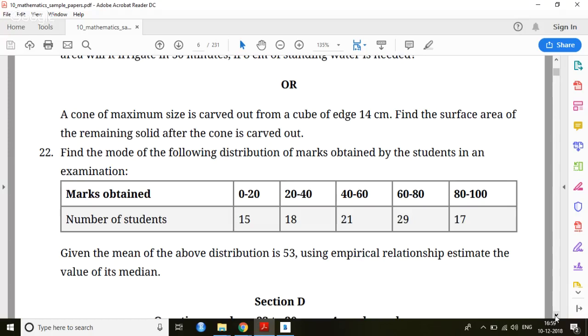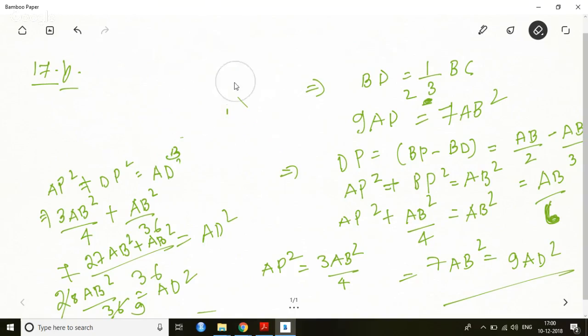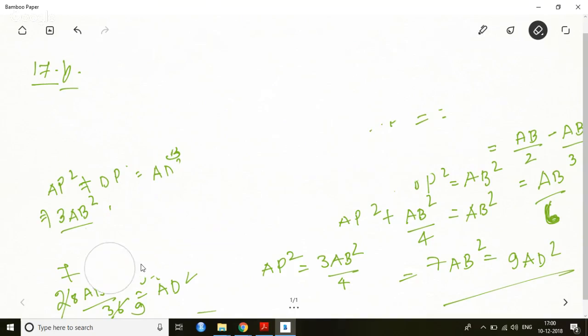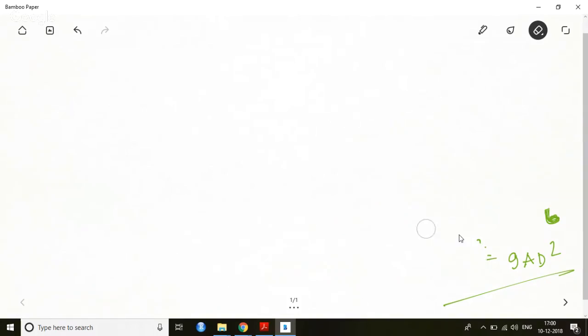Okay, so I'm solving question number 19 now. So question number 19, part 2, I'm solving.